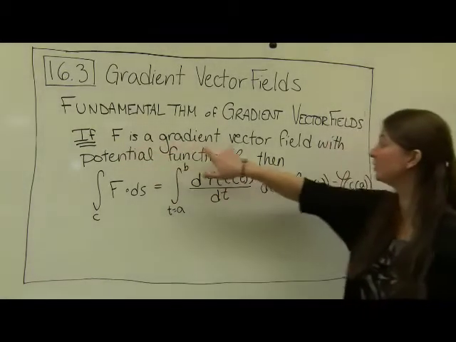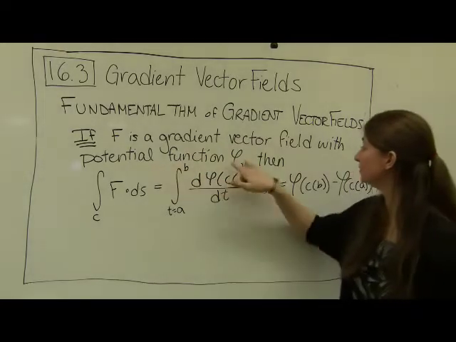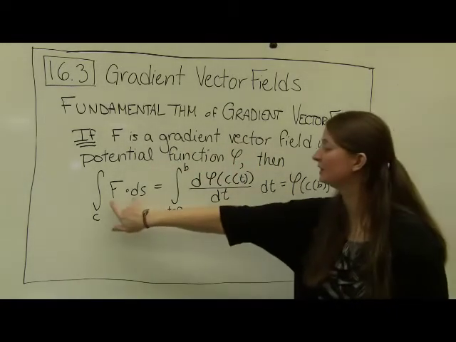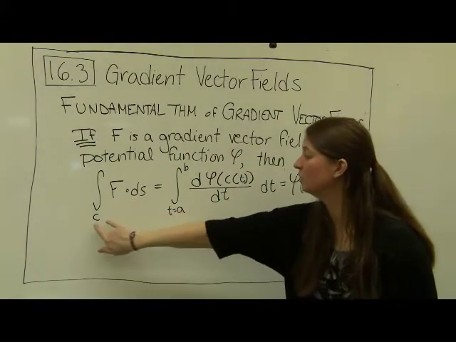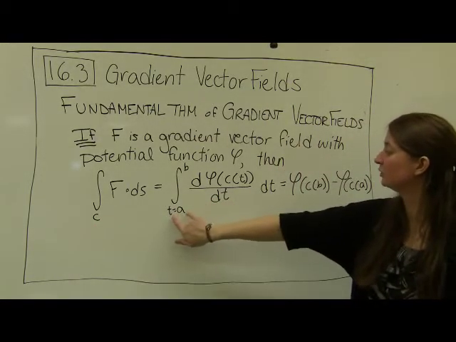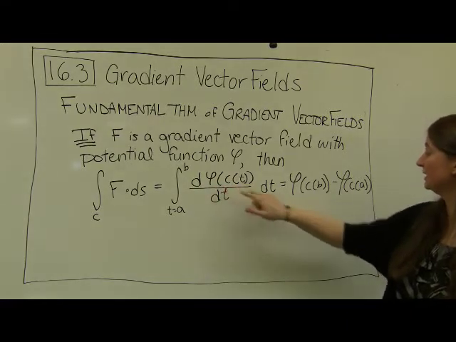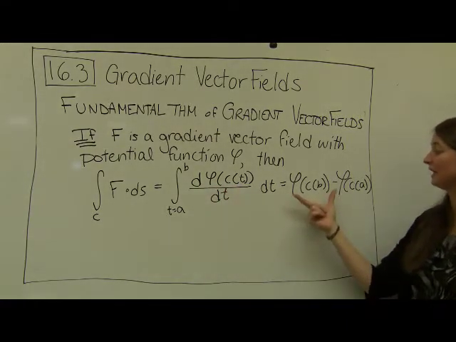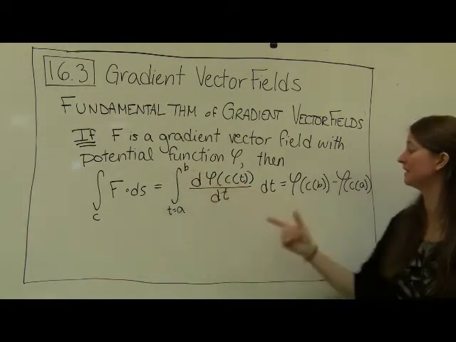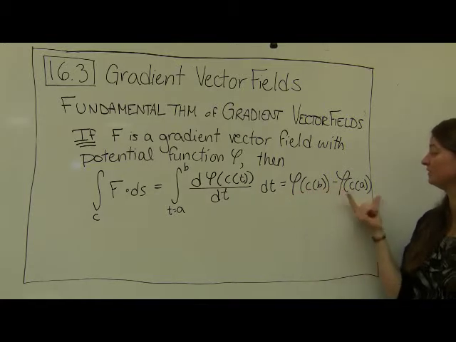If f is a gradient vector field and f has a potential function phi, then the vector line integral along some path c, which is equal to the integral from t equals a to b of the derivative of the potential function, is going to be exactly equal to that potential function evaluated at each of the endpoints of this time interval. So it's going to be equal to phi of c of b minus phi of c of a.